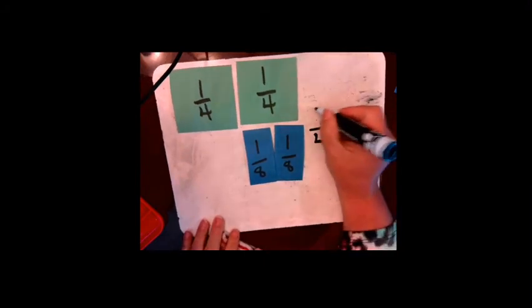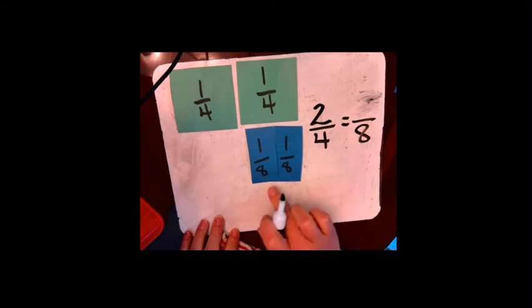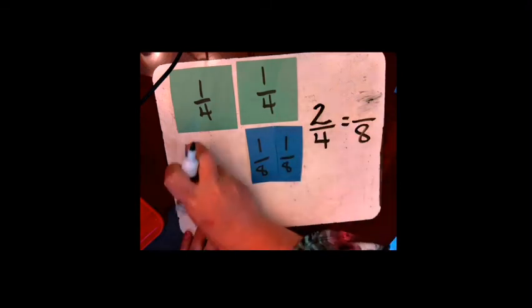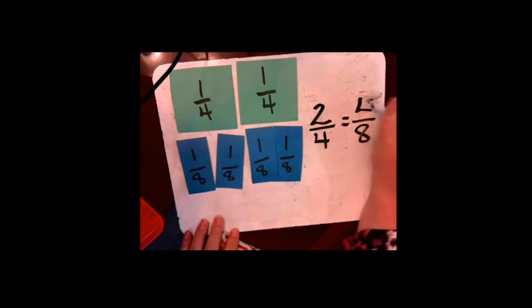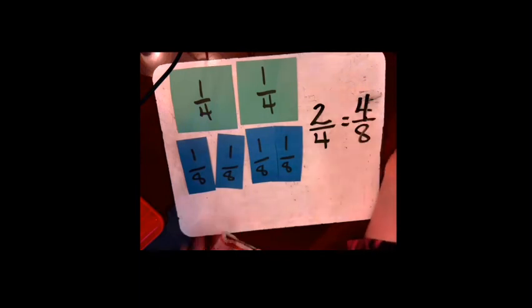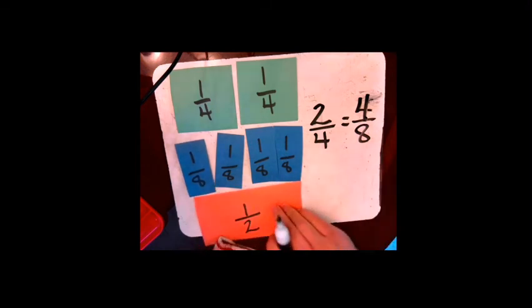So now I have 2/4, and how many eighths is that going to take? It was 2 for 1, so let's try laying 2 more down, and that's going to give me 4/8. And also, both of those are also equal to something else. Do you know what? Those are also equal to my half. Okay.